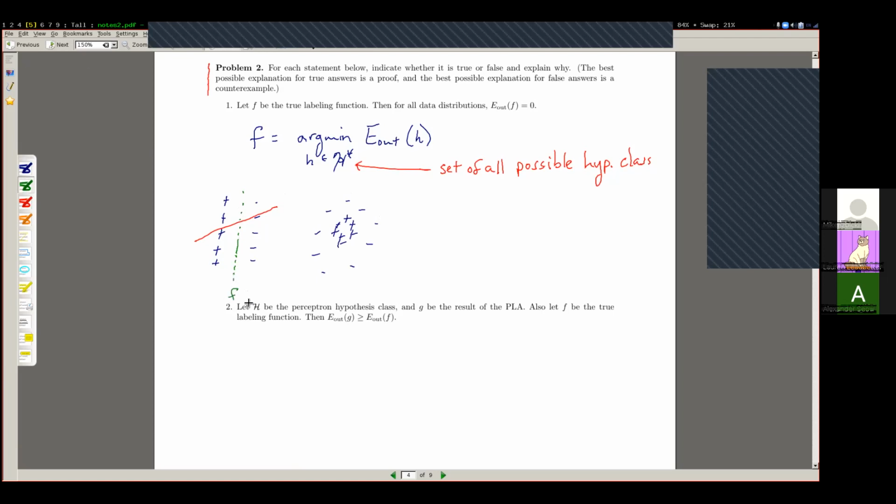That would be the f function. And here, in this particular case, we would have that the E out of f equals 0. Again, the E out is our error on the testing data, on unseen data. If you had infinite amounts of unseen data, what would your error be?